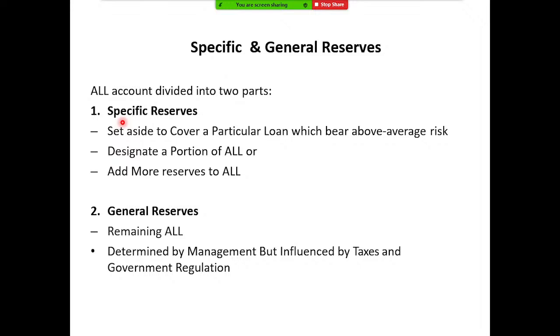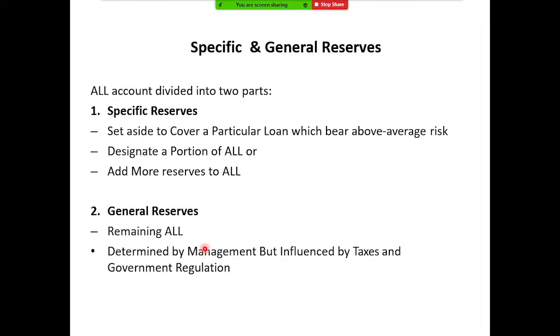So set aside to cover a particular loan which bears above average risk, and designate a portion of the allowance for loan losses, or add more reserves to the allowance for loan losses.